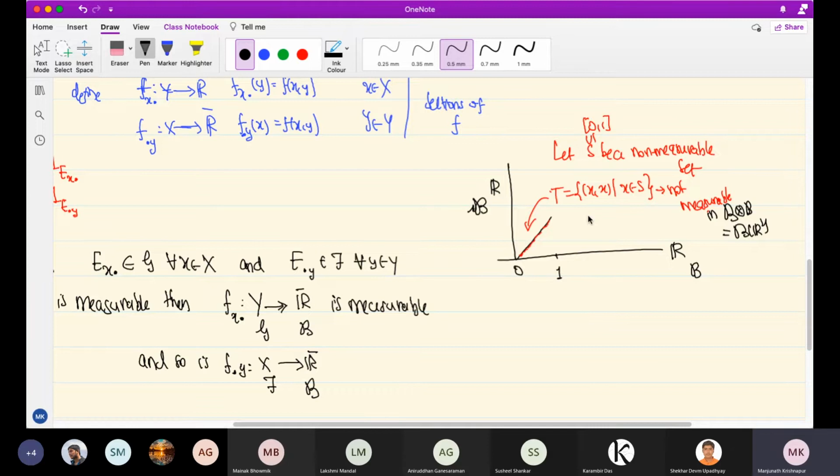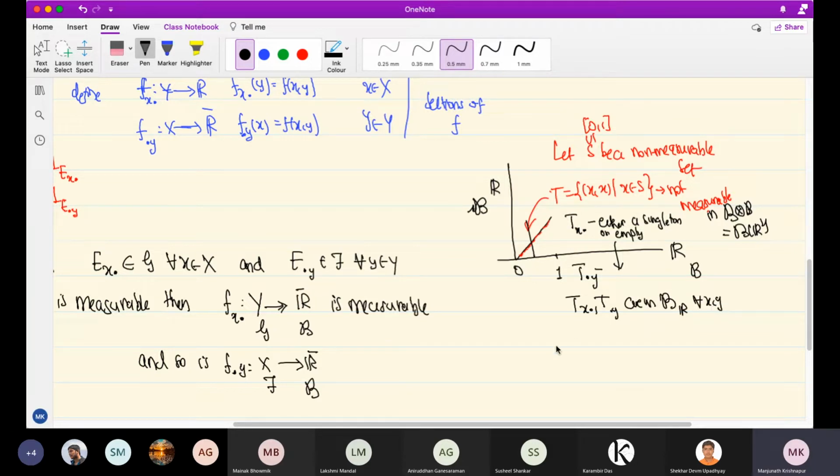But any section T_x: on any vertical line there is at most one point, so it is either a singleton or empty. Same with T^y. So T_x and T^y are in the Borel sigma algebra of R for all x, y.